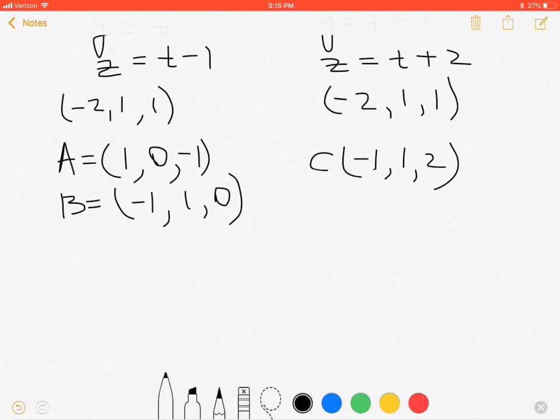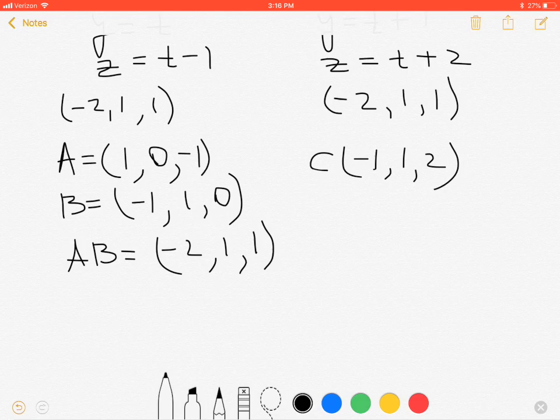Okay. And then I find two vectors that stay in our plane. Okay, what will this be? Let's go, it's vector AB. It will be negative 2, 1, 1.